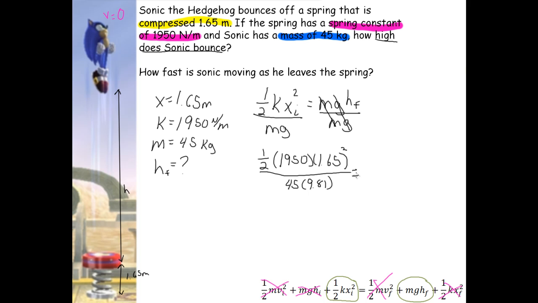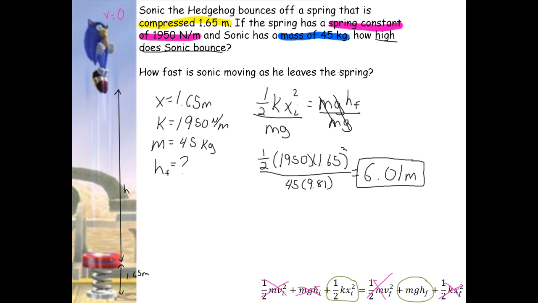So I take 1/2, times 1,950, times 1.65 squared, and then I divide by 45 and by 9.81. And so I have my answer. What is your answer? My answer in this case is 6.01 meters. So he bounces 6.01 meters, or roughly over 18 feet.